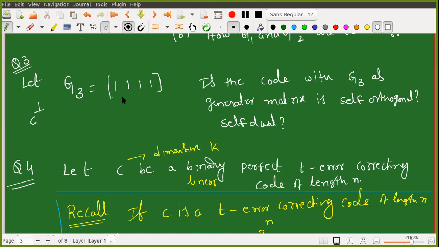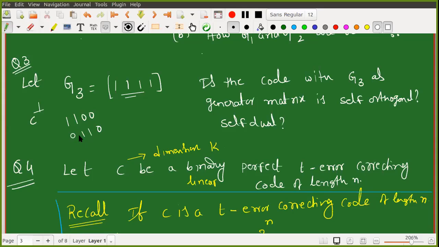That means you have to find the vectors which are orthogonal to 1, 1, 1, 1, right? That is C perp. Is 1, 1, 0, 0 in C perp? Yes. What about 0, 1, 1, 0? Yes. Are these two linearly independent?